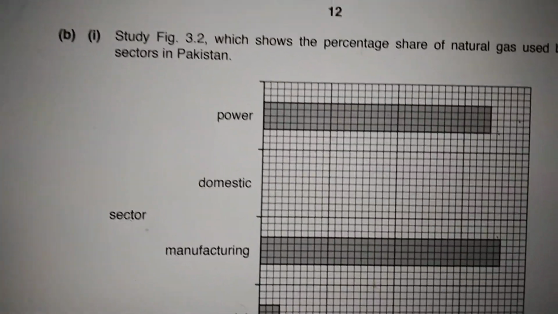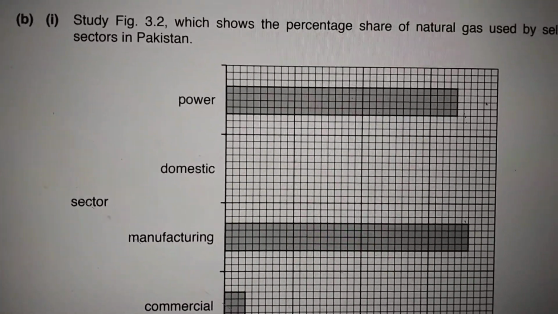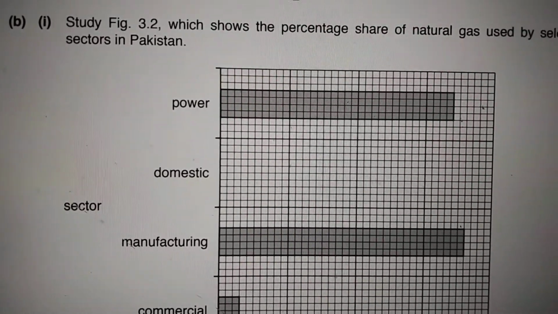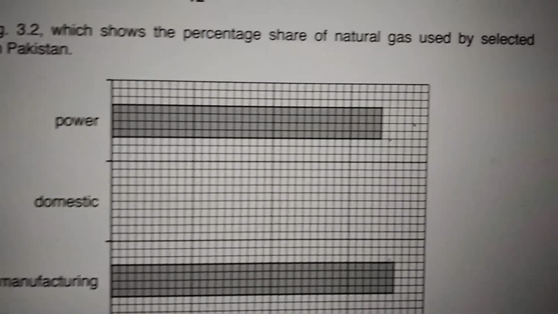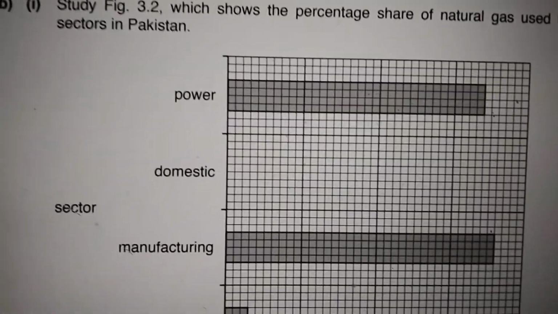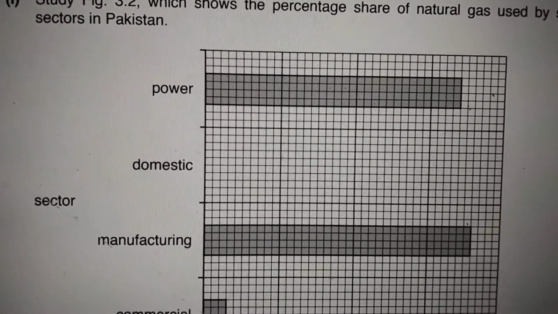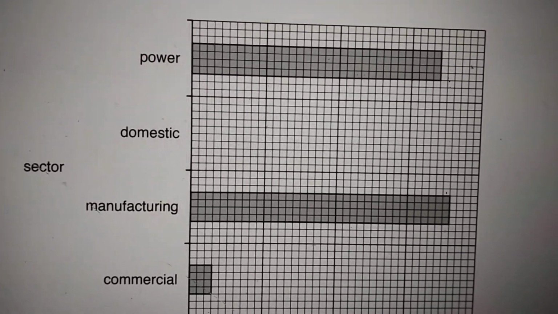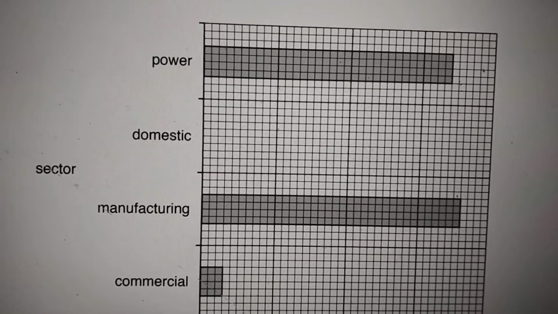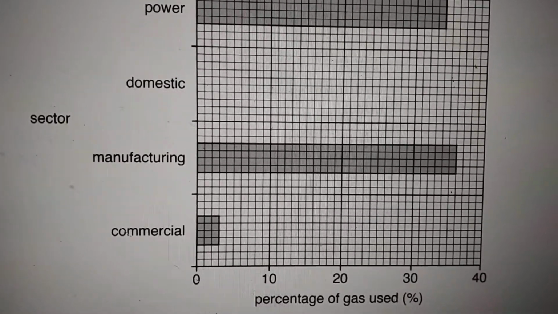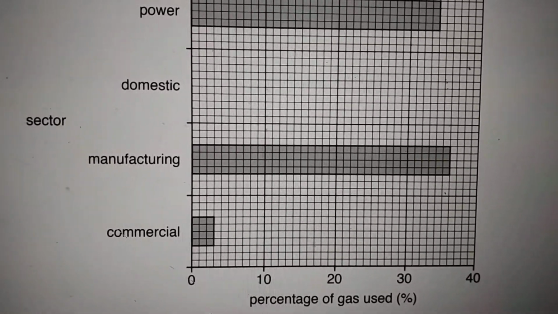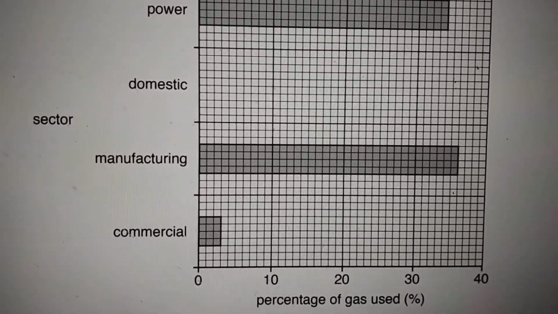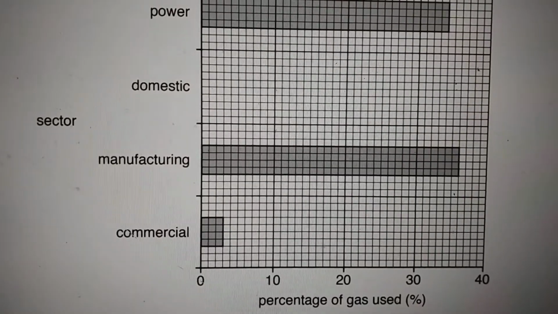Other questions which I wanted to show you, for example this one, which is showing the percentage share of natural gas used by selected sectors in Pakistan. You should have good knowledge of bar charts, multiple bar charts, and how to calculate the exact values on these grids. That I will be explaining in the next video, Inshallah.